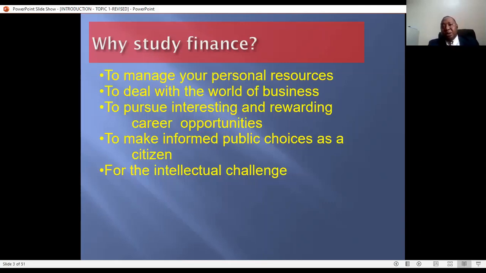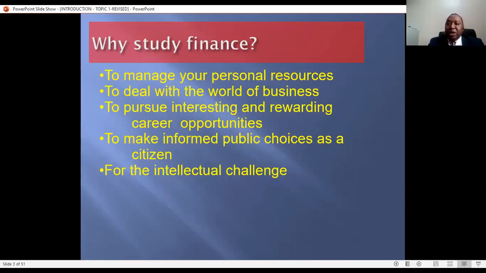Some people want to be able to make public choices as citizens. How do you know who among the many politicians are going to manage your resources well? Because when we elect these politicians, we place upon them responsibilities to manage our resources in the country.